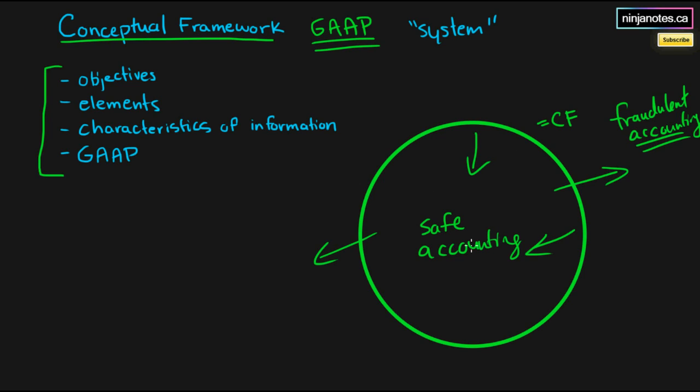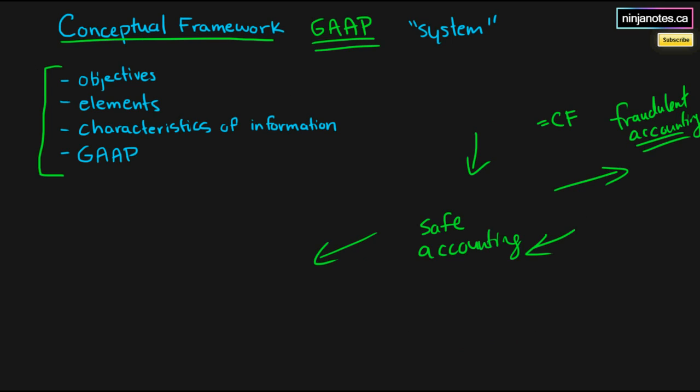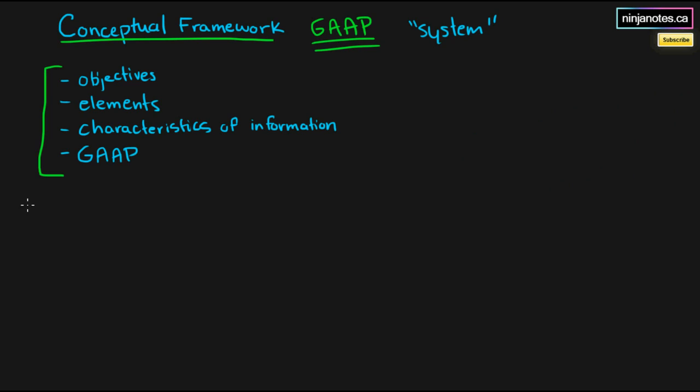We want to stay within it, and it's a system that has to do with fair reporting within the financial accounting subject. So I'm just going to get rid of this and all this green text over here, and let's go over these 4 different things within the conceptual framework system.